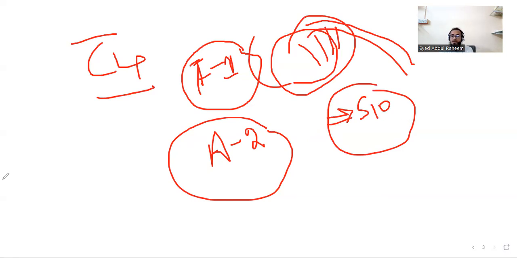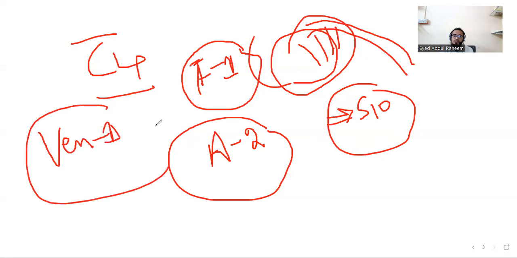So another remedy you can use because of the structural degeneration is Ven1, because both are tissue remedies. You can use it for structural degeneration of anything. So C4 with Ven1 is a good remedy.